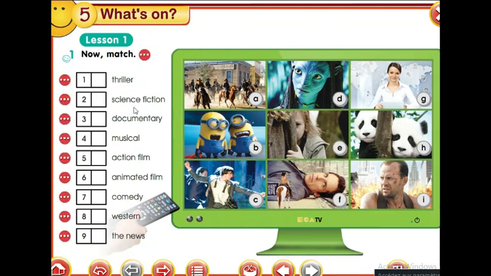Number 2, science fiction. Number 3, documentary. Number 4, musical. Number 5, action film. Number 6, animated film. Number 7, comedy. Number 8, western. And number 9, the news.